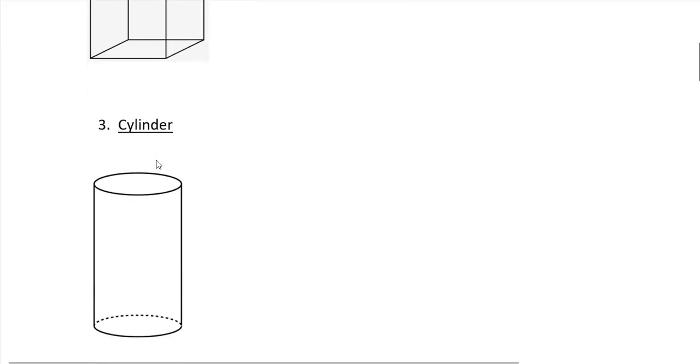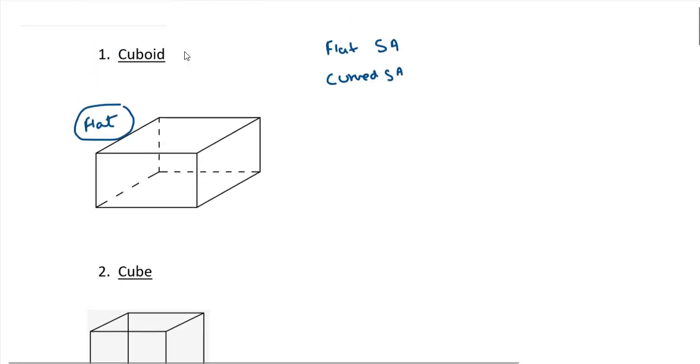If you consider the example of a cylinder, it consists of both the flat surface area as well as the curved surface area. Flat surface area will be at the top and at the bottom, and this entire area will be the curved surface area.